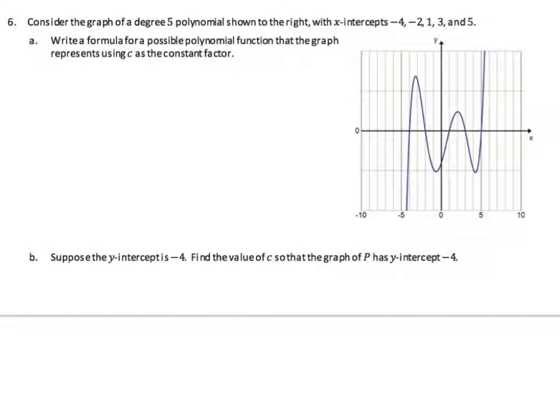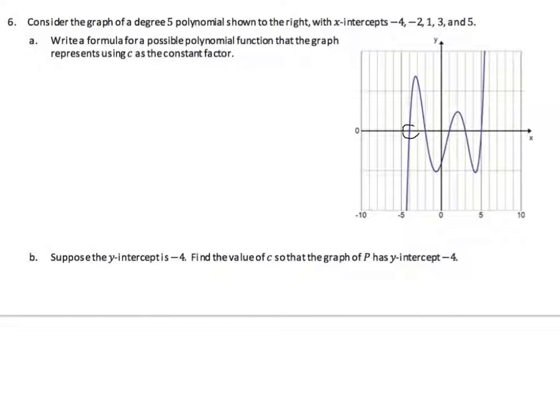All right, number 6. Consider the graph of a degree 5 polynomial shown to the right with x-intercepts given. Write a formula for the possible polynomial function that the graph represents using c as the constant factor.